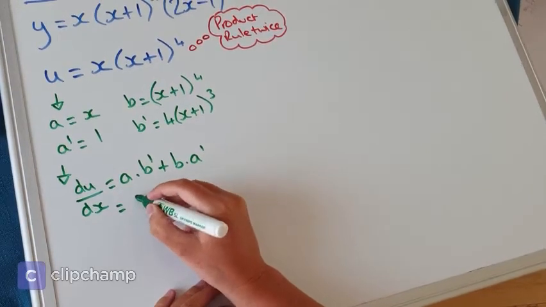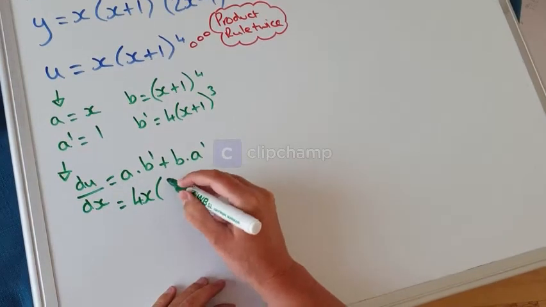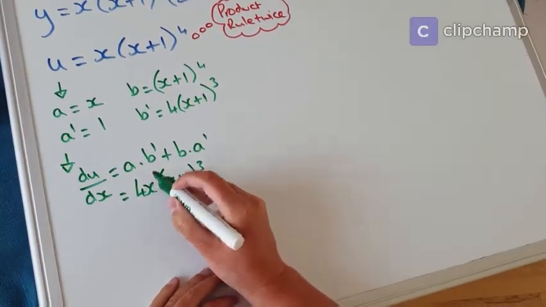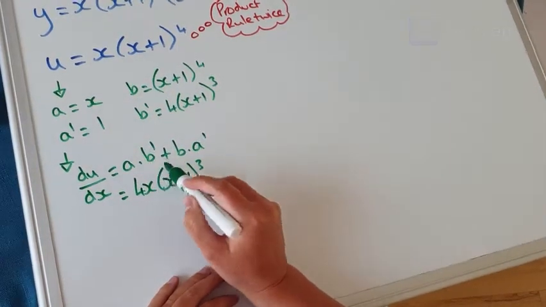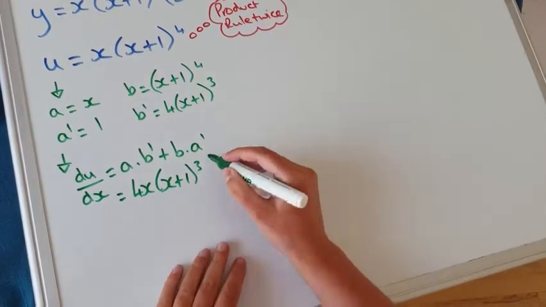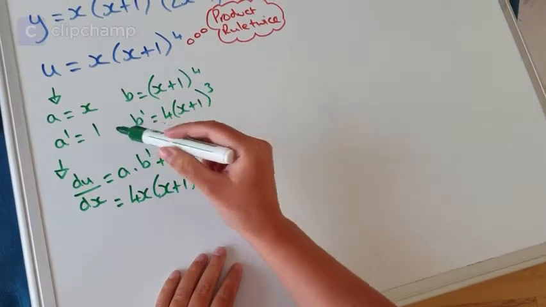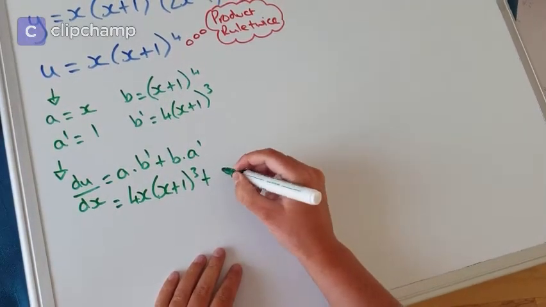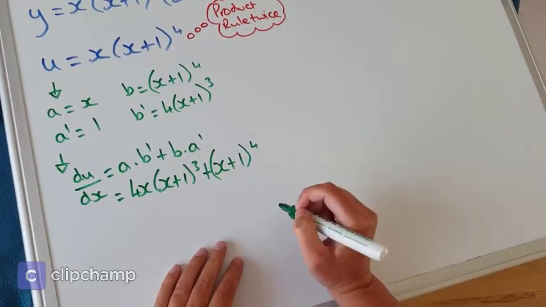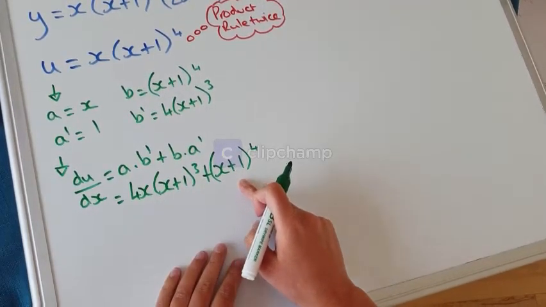When I multiply them together, I'm going to get 4x(x + 1)^3. That x comes from here, that's the a. Plus b, which is this bracket here, times a dashed, which is 1. So we can just write that as (x + 1)^4. I'm just jumping straight to this line to try and save some space here.